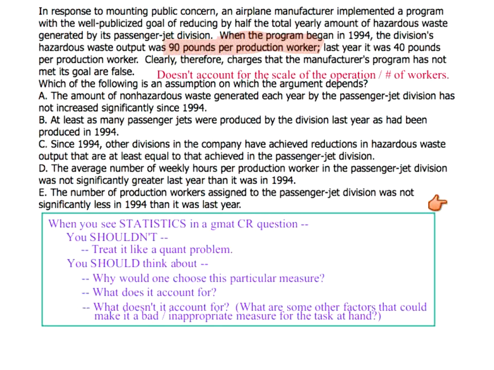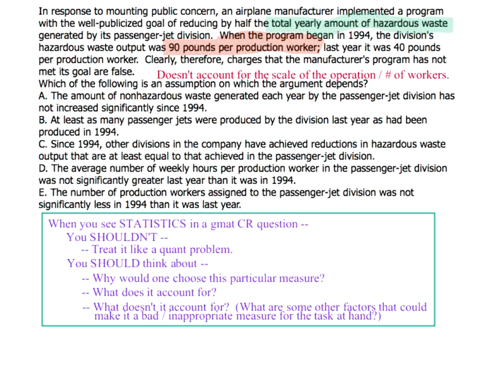So what we've got here is a bunch of things about pounds per production worker. But the problem is that's not what the manufacturer's goal is stated in terms of. The manufacturer's goal is stated in terms of the total yearly amount of hazardous waste.